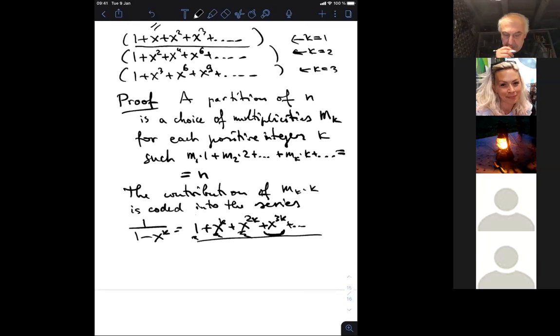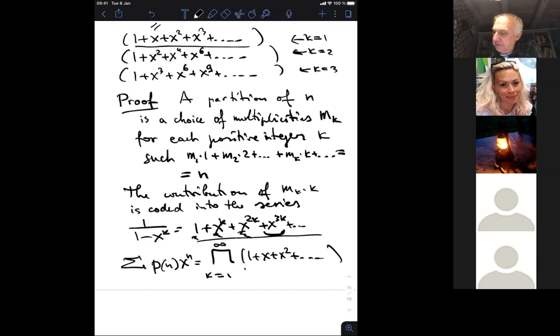Now, so what do we have? The sum of p_n x^n equals the product of those guys, the product for k from 1 to infinity. Or, if I wrote this product sign, sorry, let me remove the product thing.